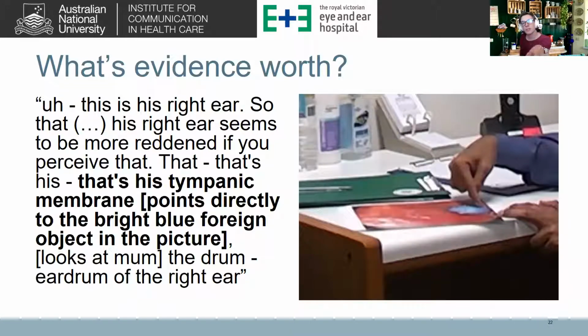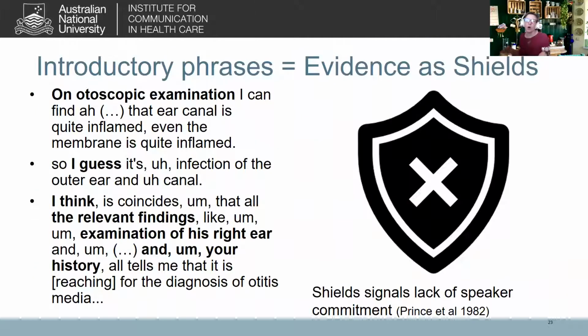What we found is especially these introductory phrases, such as "on our topic examination," "the relevant findings," "the examination of the right ear," and "your history." These are introductory phrases used as hedges that function as shields, using evidence to signal a lack of commitment of the speaker to what they're saying.